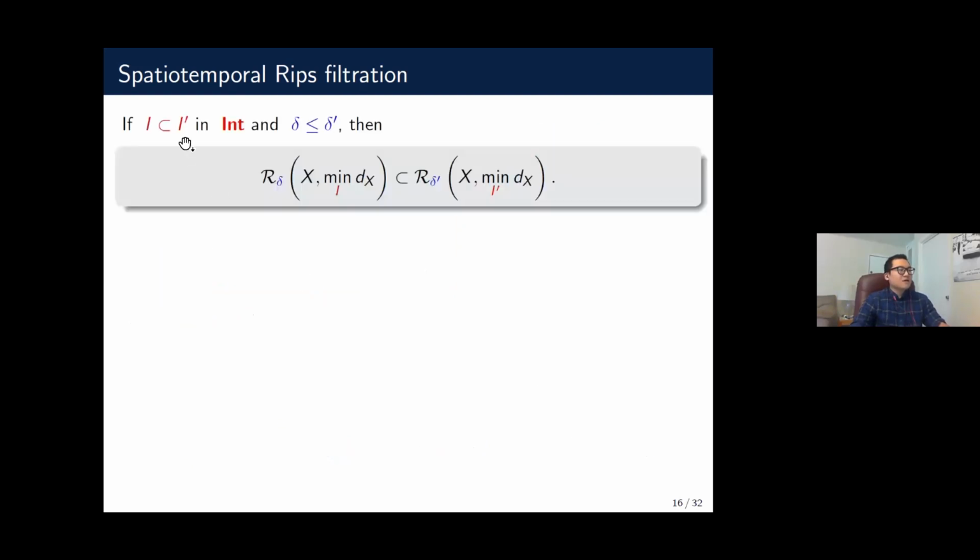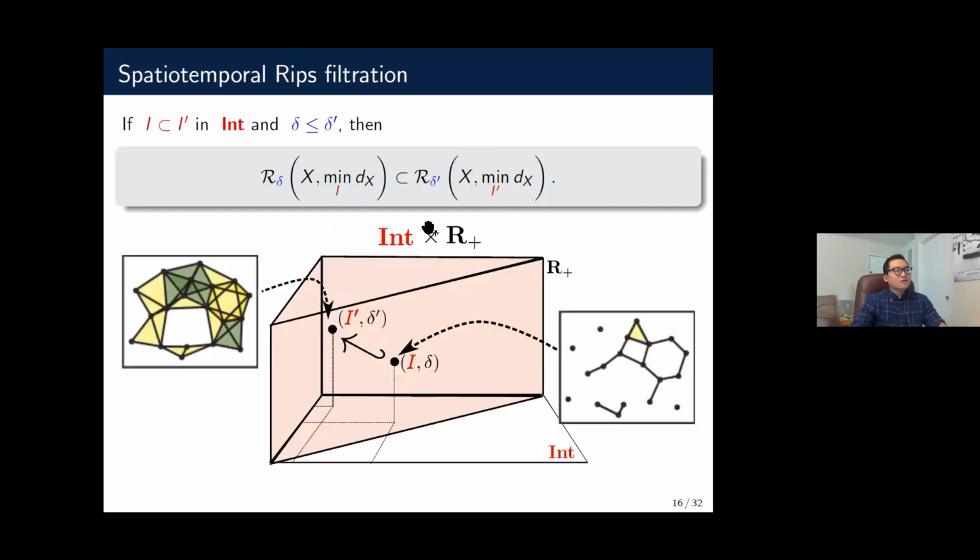Now let's fix another time interval I prime, which contains I, and let's fix another delta prime, which is greater than or equal to delta. Then the Rips complex corresponding to (I, delta) is contained in the Rips complex corresponding to (I prime, delta prime). The reason is that the distance function corresponding to the larger interval is smaller than the distance function corresponding to the smaller interval.